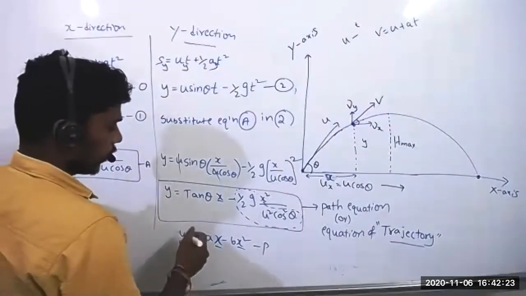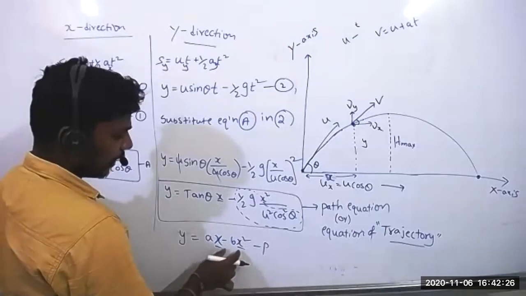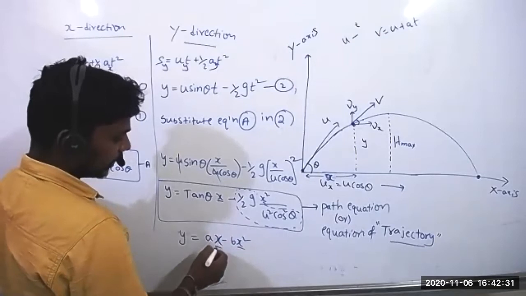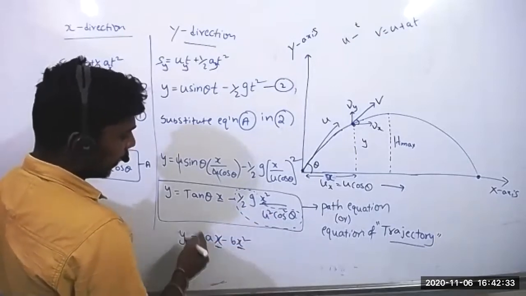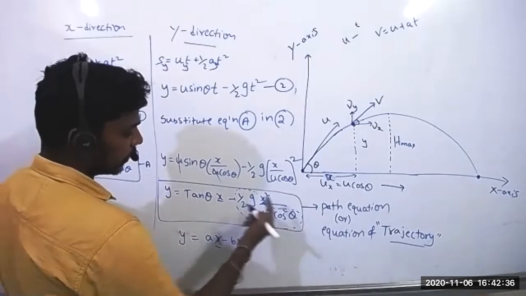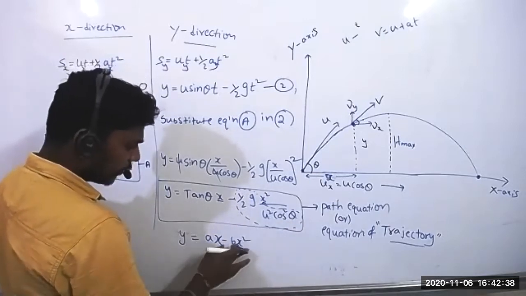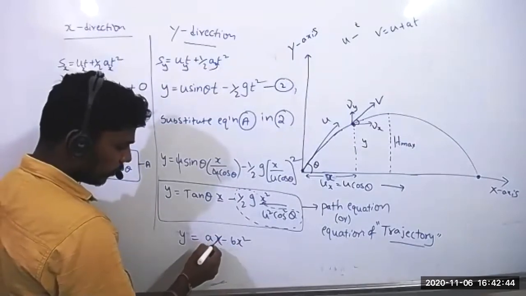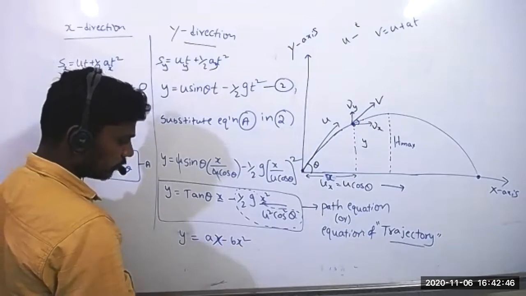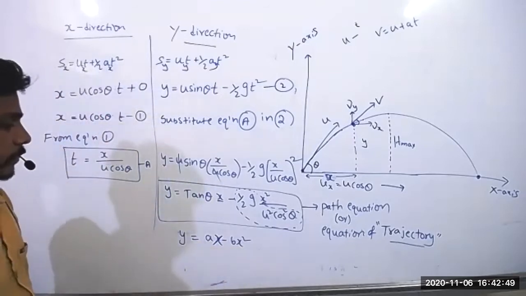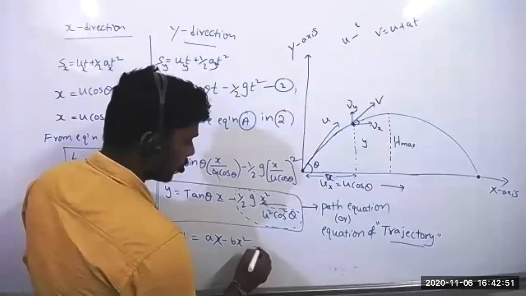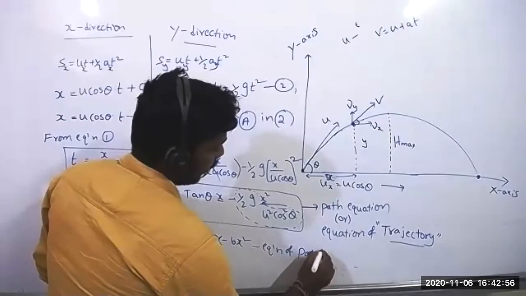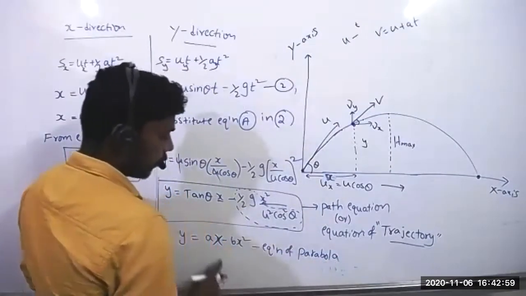Now see, this equation is looking like ax minus bx square. So x plus x square, a plus tan theta, b plus the remaining terms. Did you see this type of equation in mathematics? Sir, ninth is not there. So it is called the equation of a parabola.